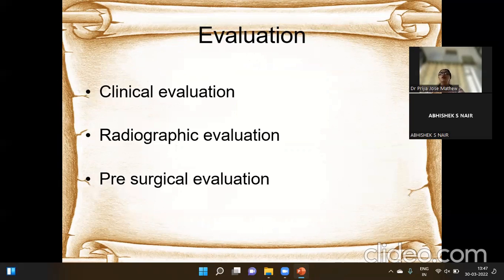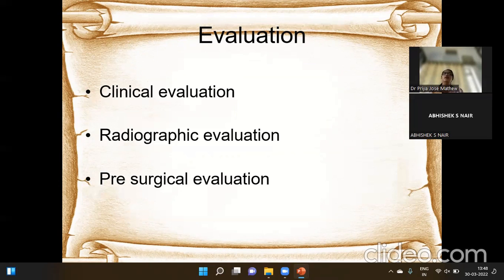Now, for the evaluation purpose, first we should have a clinical evaluation and radiographic evaluation of the tooth. Then we require a pre-surgical evaluation. For the clinical evaluation, you should check the clearance of the tooth area, and whether the tooth has adequate clearance even after the surgical crown lengthening procedure.